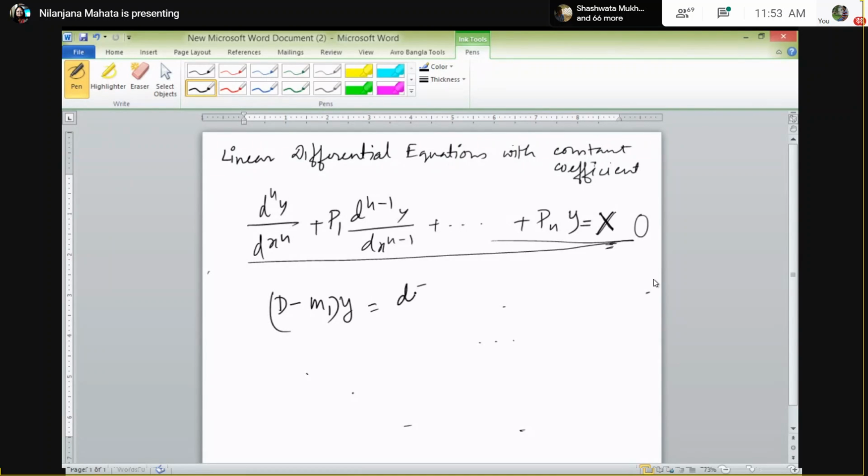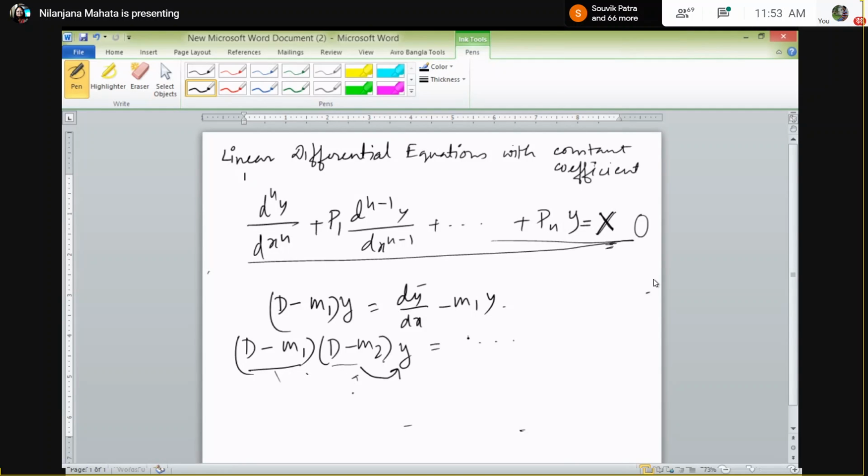This is nothing but dy/dx minus m1 y. Now suppose I have, that means D minus m2 is operated on y first, then D minus m1 is operated on y.